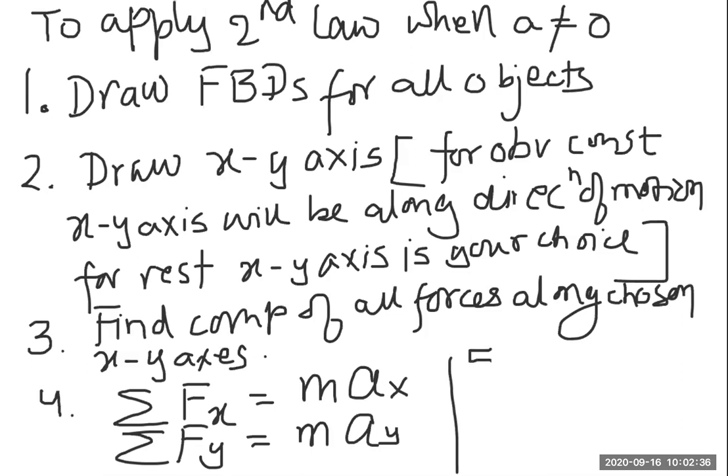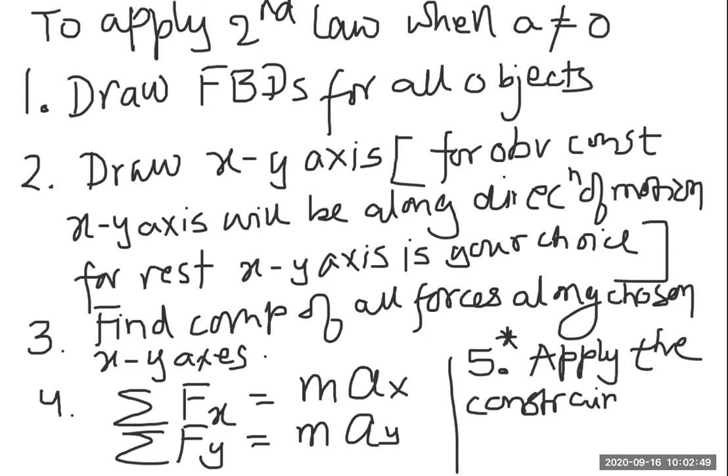And then number 5, I'll put a star here. Apply the constraint equation. Okay, now what is this, what does it mean, and why have I put a star here?